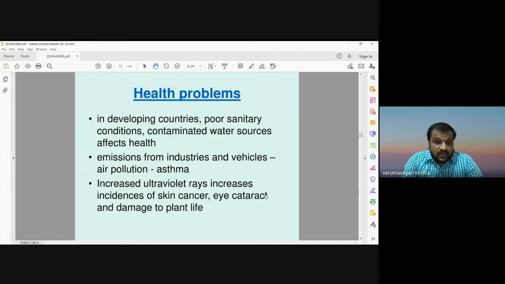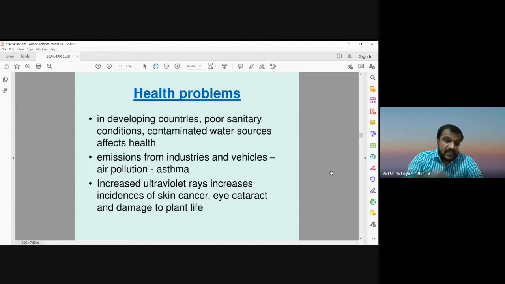Okay, the emissions from industries and vehicles can cause poor air quality, which can lead to health problems like asthma and cancer. Okay, and there are also increased ultraviolet rays that may increase the incidence of skin cancer, eye cataracts, and damage to plant life. So these are some issues that may be because of environmental degradation.